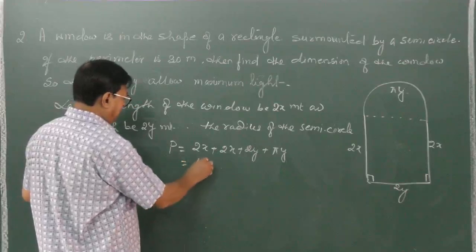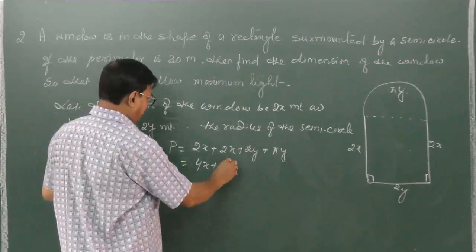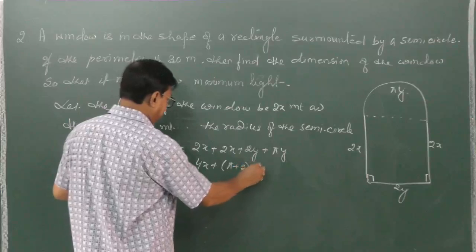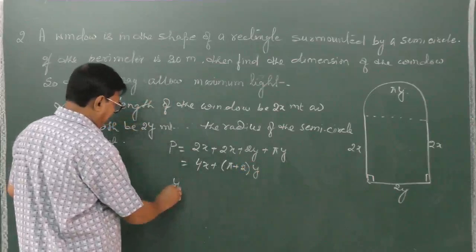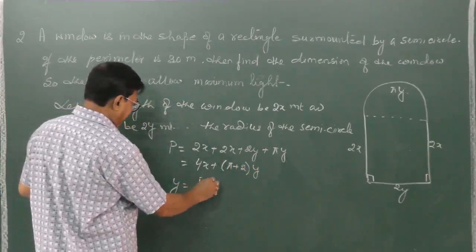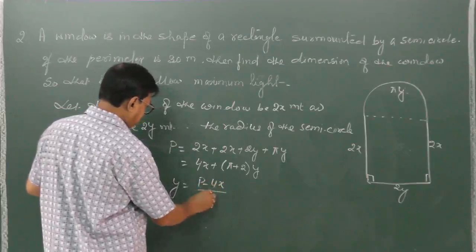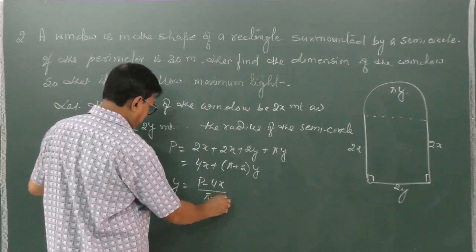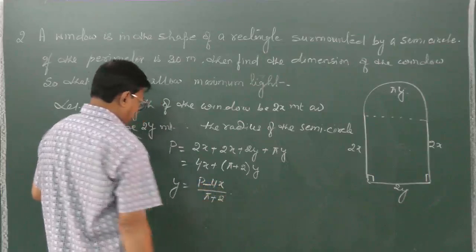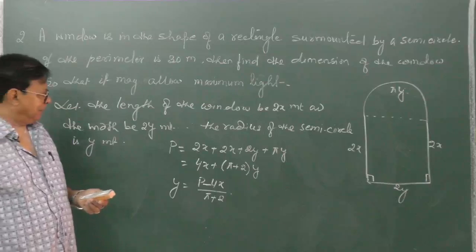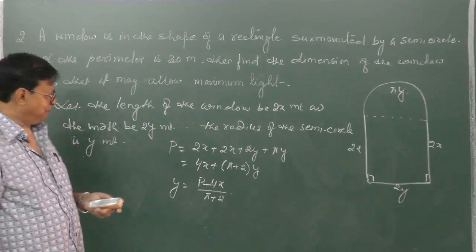So this is 4x plus pi plus 2 into y. I am changing y in terms of x. So y is p minus 4x by pi plus 2.